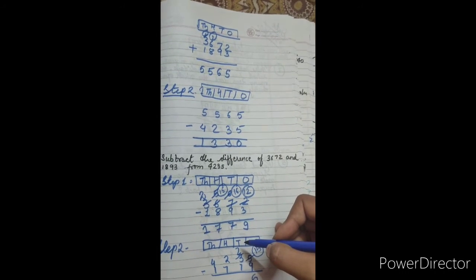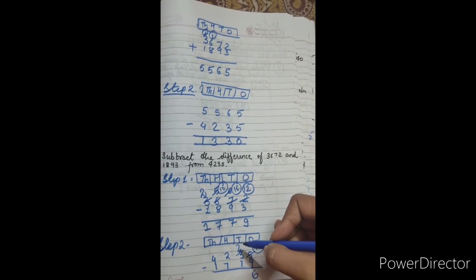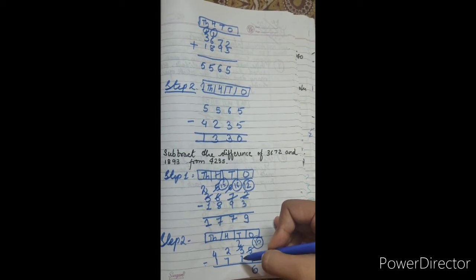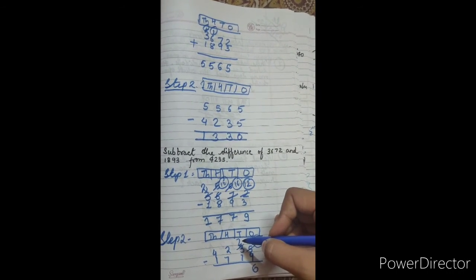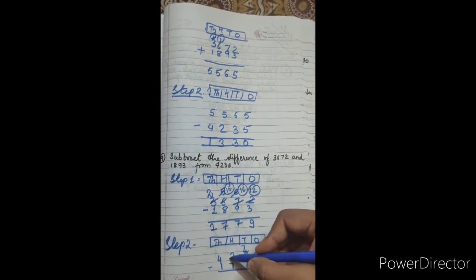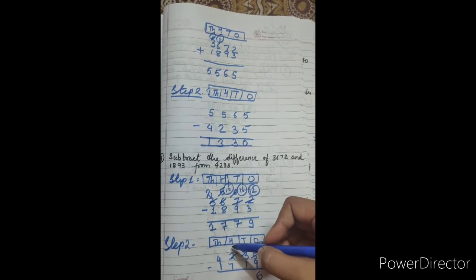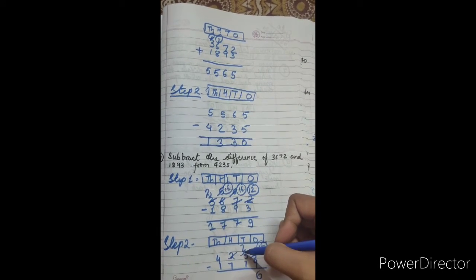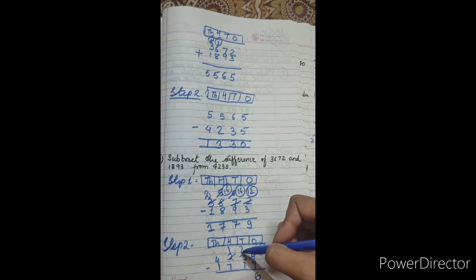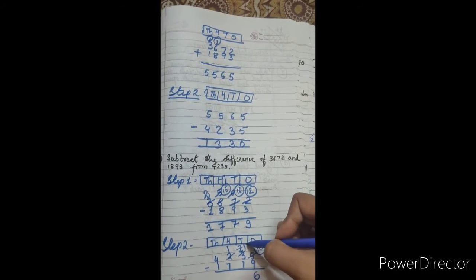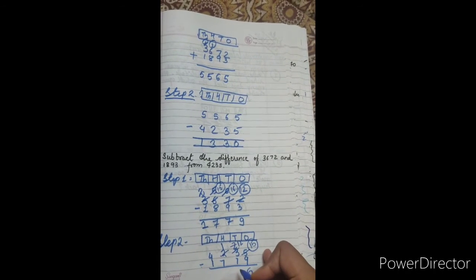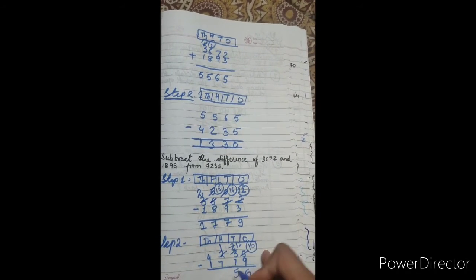Now subtracting tens, we want to subtract 7 from 2, but it is not possible. 2 is less than 7. So from the 100, borrowing 100 and leaving behind 1, and 100 plus 2 tens becomes 12 tens. So 12 minus 7 is 5. So write 5 under tens column.